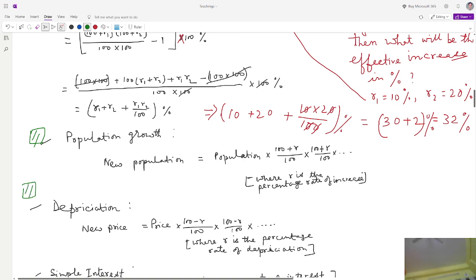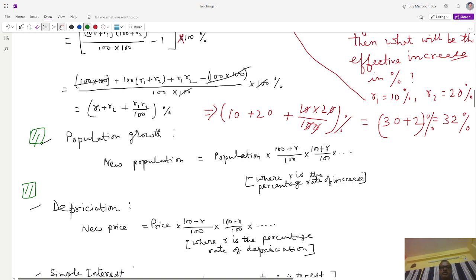If the population of a place increased by 8% every year, then the population will be population into 100 plus r divided by 100 into 100 plus r divided by 100 into so on. Okay, where r is the percentage rate of increase.